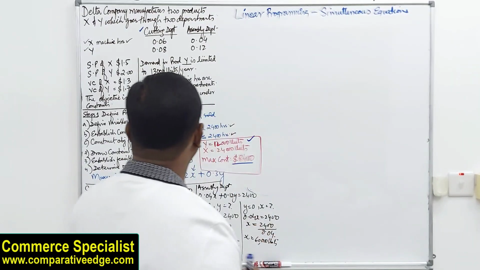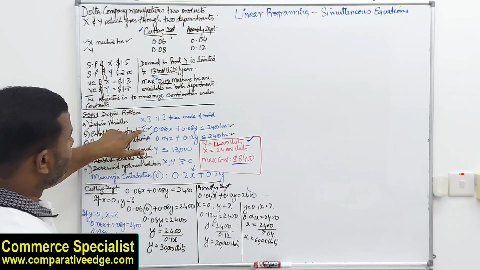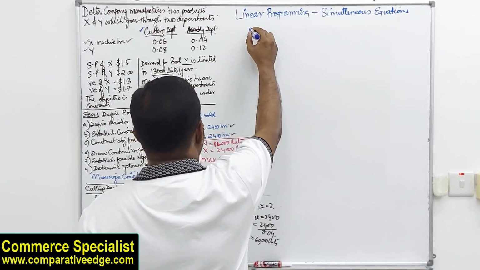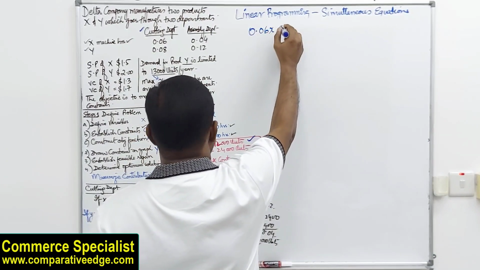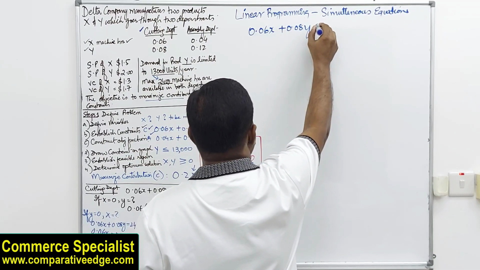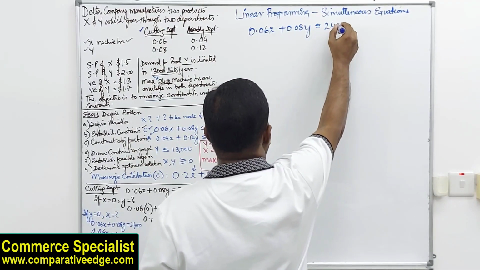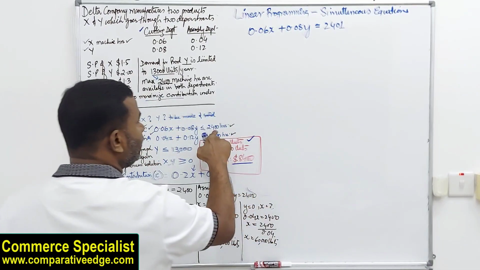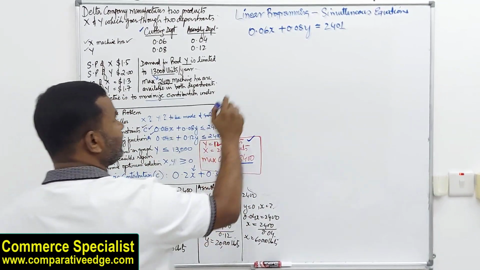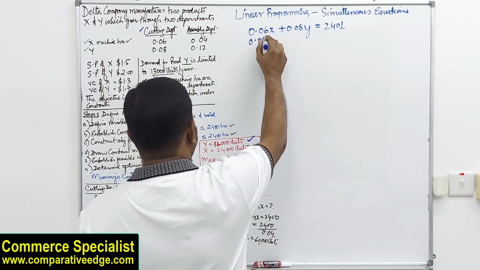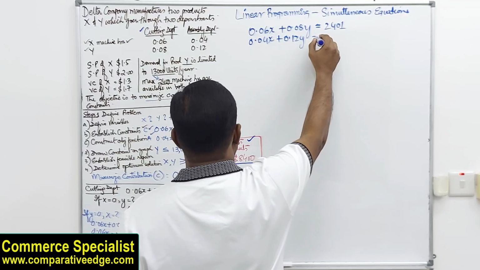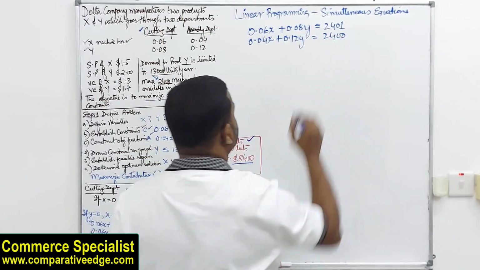So this was the equation for cutting and the assembly department: 0.06x plus 0.08y is equal to 2,401, not 2,400, since 1 extra hour is available. And the assembly department remains the same, 0.04x plus 0.12y is equal to 2,400.